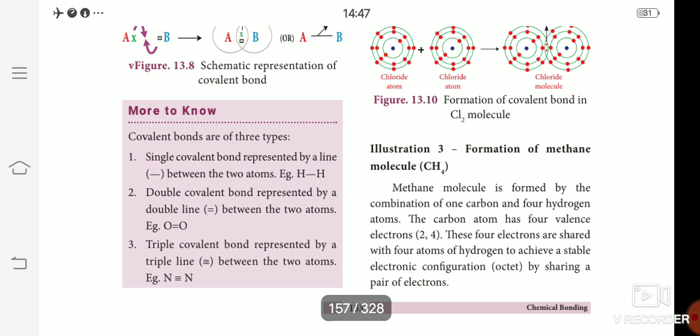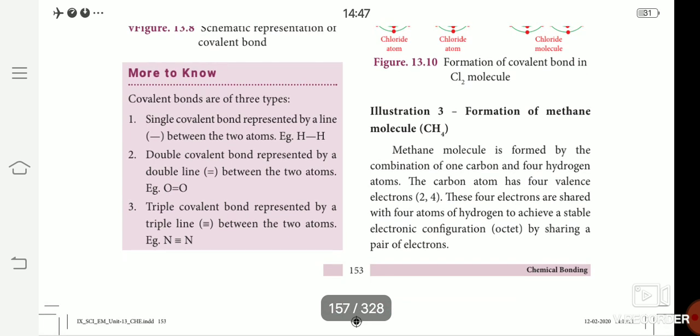Then the next one is the methane molecule. The methane formula is CH4, with one carbon atom and 4 hydrogen atoms. Carbon has atomic number 6 and electronic configuration 2, 4.